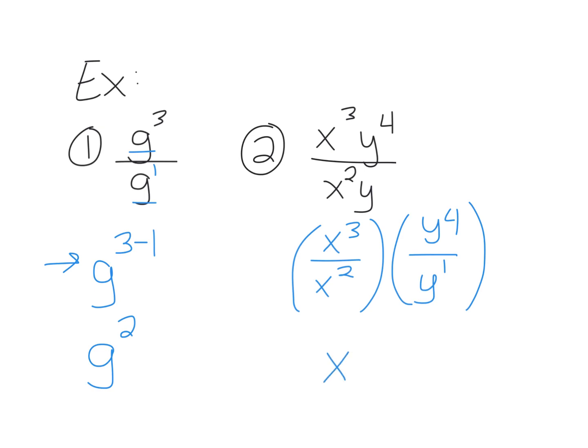What's my new exponent for x? 1. And then what's my new exponent for y? 3. So all I did was subtract, and that is my new answer. Same thing with multiplication, you can split them up into like terms. Any questions on dividing powers of the same base?